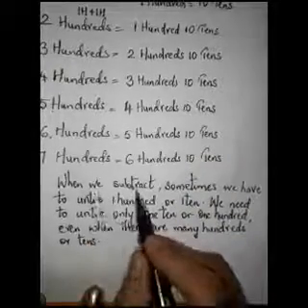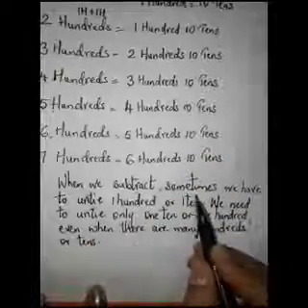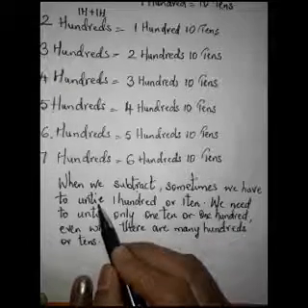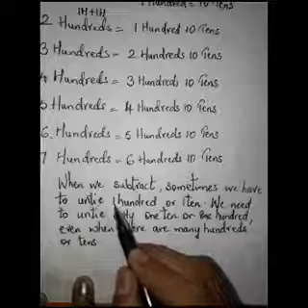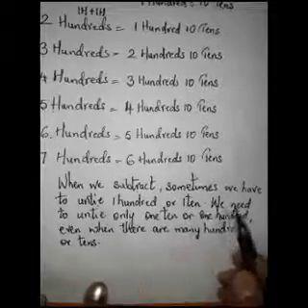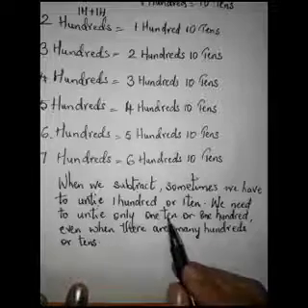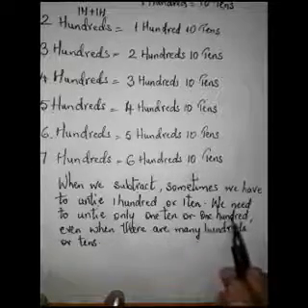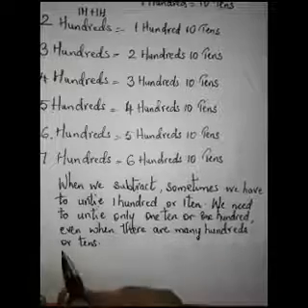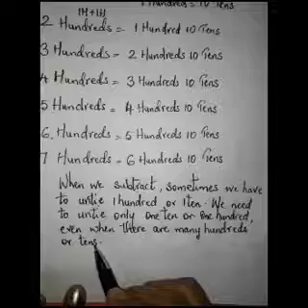Now when we subtract, sometimes we have to untie. Untie means we have to convert 100 or 110. We need to untie only 1 hundred or 1 ten even when there are many hundreds or tens.